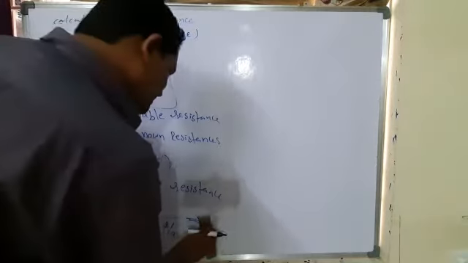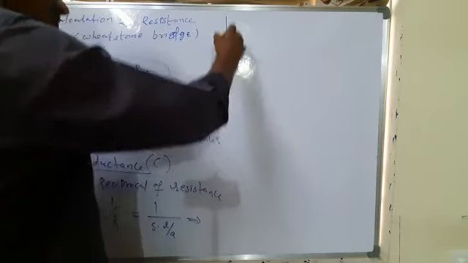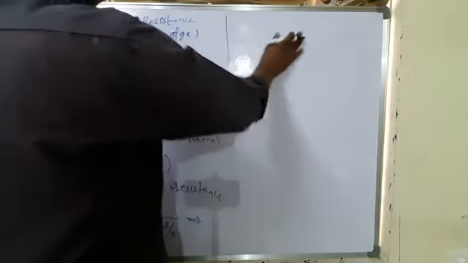The reciprocal of resistivity is called kappa.